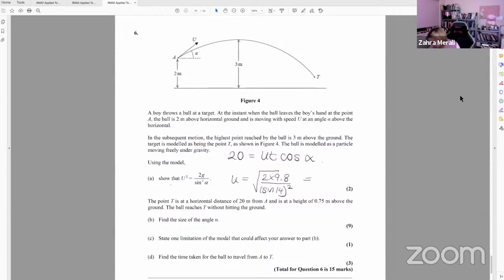Sorry, I'm sticking my calculator. Squared, square root of the answer, and we get 18.3. So t will be 20 divided by 18.3 cos 14. So 20 divided by answer times cos 14, and I get 1.13.